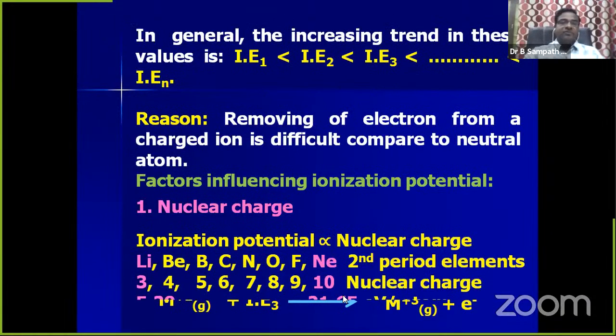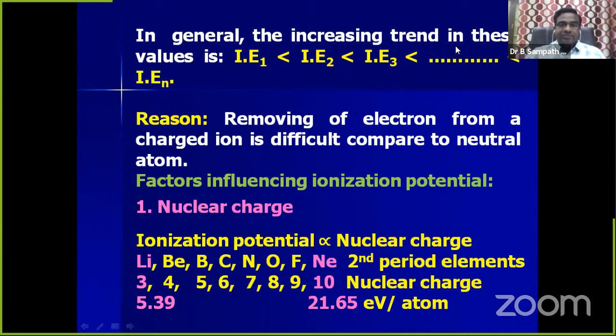See here. In general, the increasing trend in these values is that ionization energy 1 is always less than ionization energy 2, which is always less than ionization energy 3, and so on and so forth, children. So why is ionization energy 2 greater than ionization energy 1?